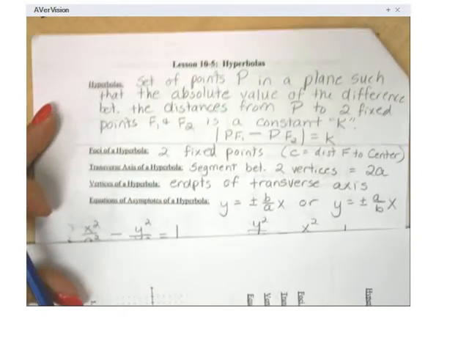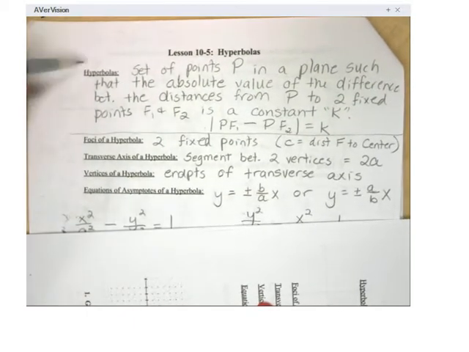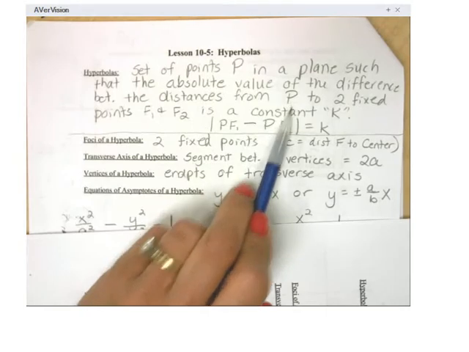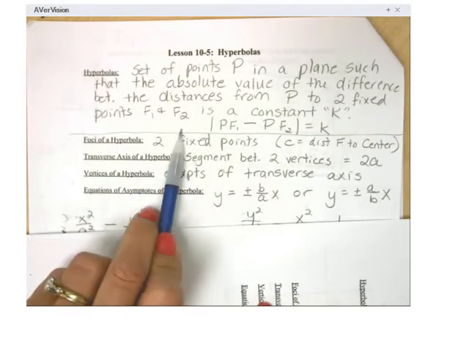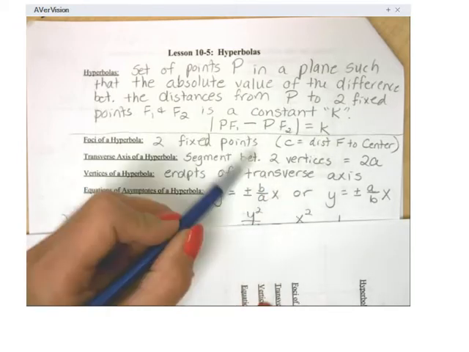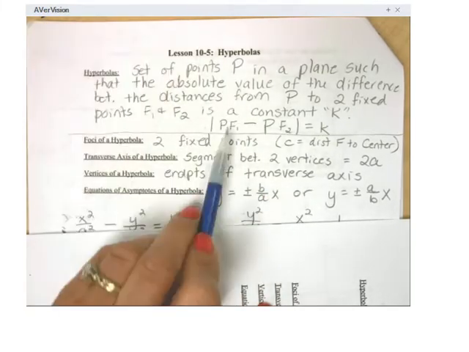That's what the definition says, that a hyperbola is a set of points in a plane such that the absolute value of the difference between the distances from the point who is on the hyperbola to two fixed points, who are going to be called our foci, is a constant value k. And that is a P right there.